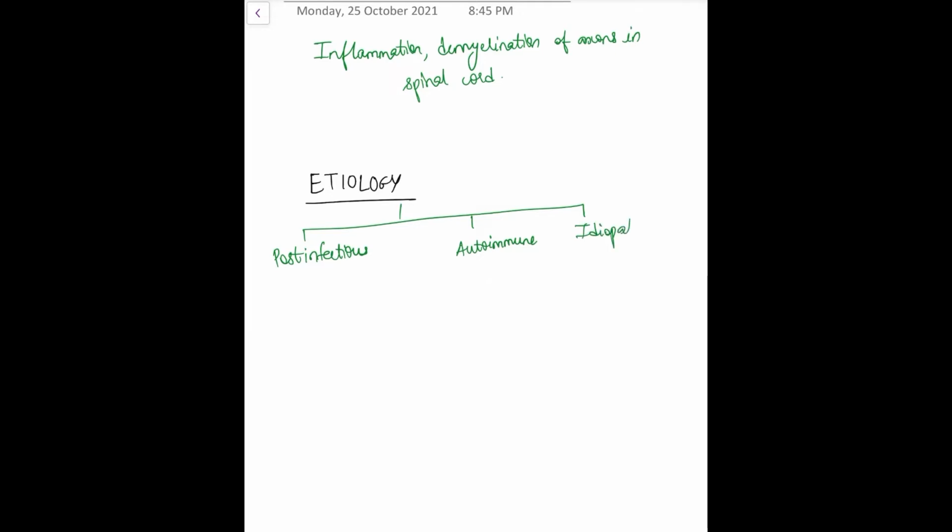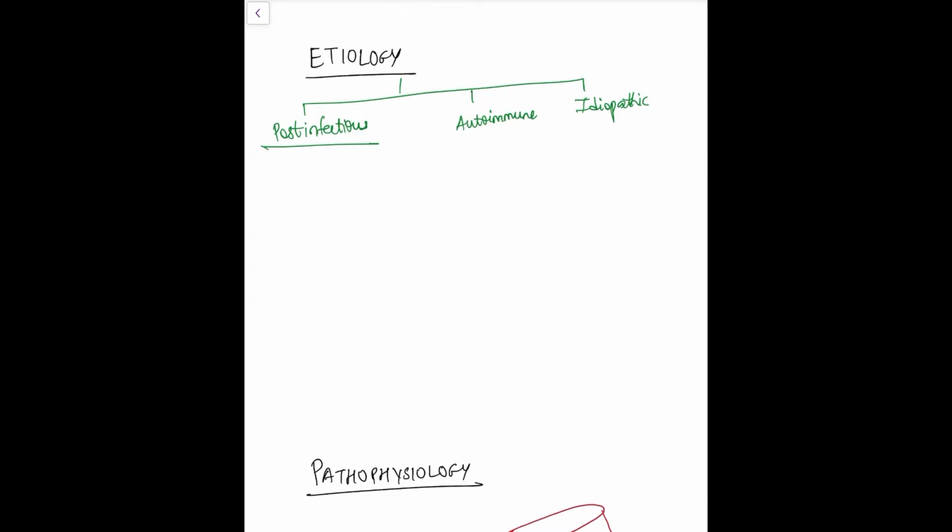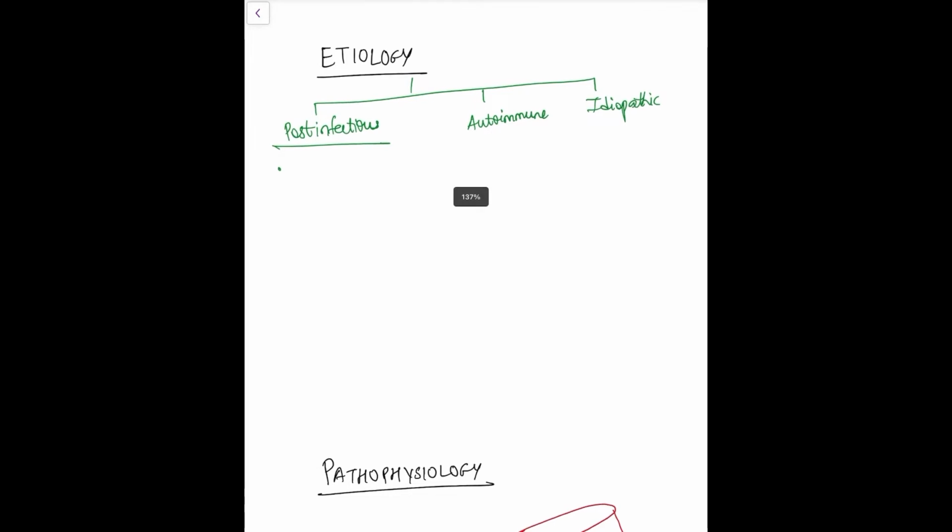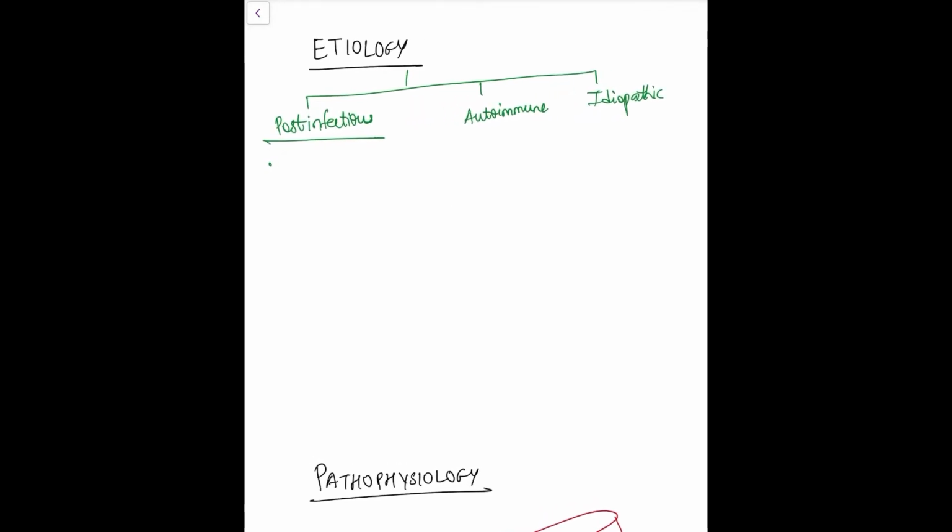So, post-infectious. Antibodies produced to a certain infection go and attack your axons and cause demyelination of the axons. So, what particular infections lead to transverse myelitis?